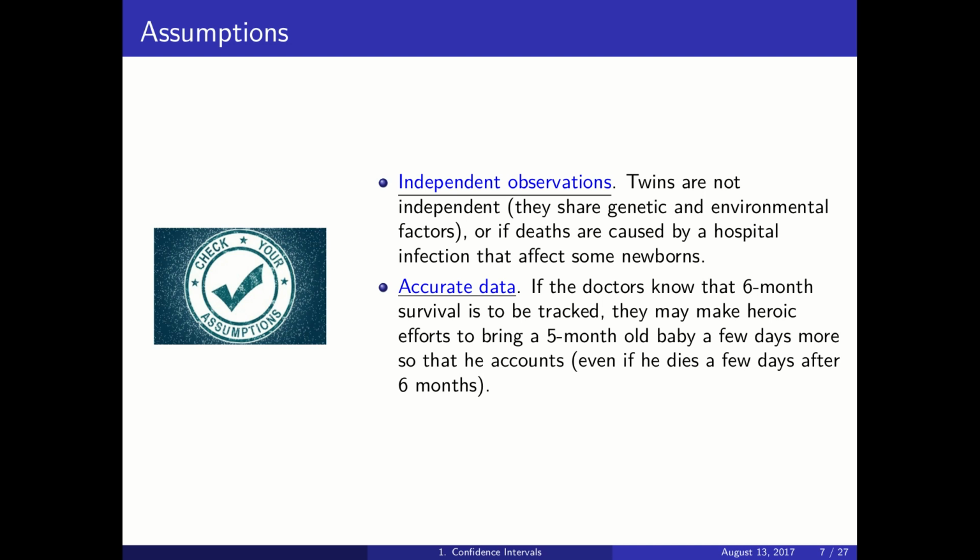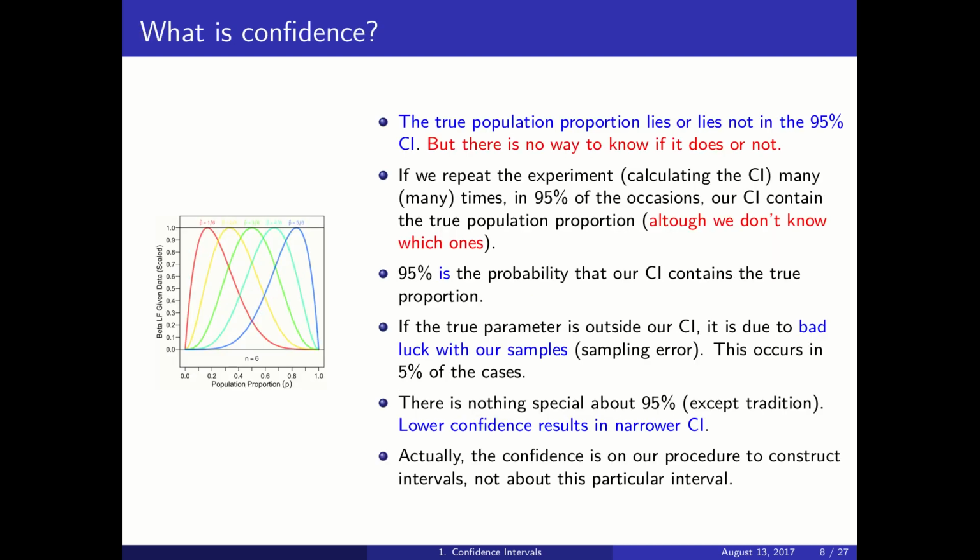This practice would be biasing the proportion of survival. And you can think of many other ways of biasing, it is not cheating, it is something human, and making the data not accurate.